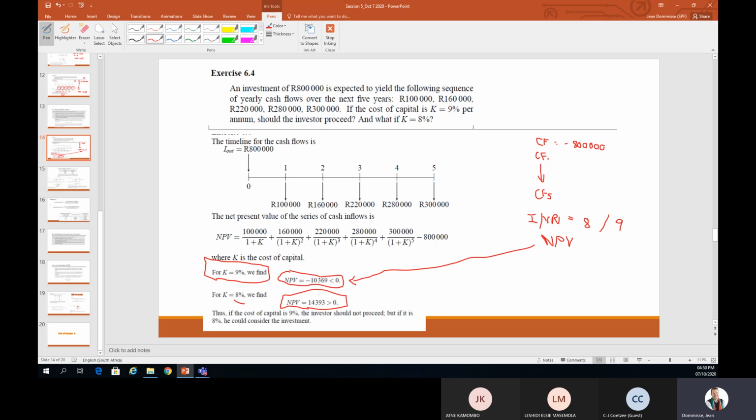The important thing here as well, and this is very nice, the years are year 1, year 2, year 3, year 4, year 5.